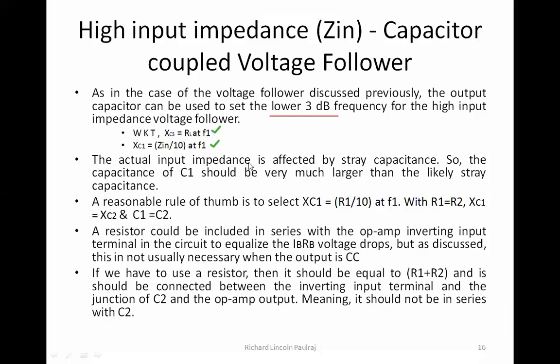The actual input impedance is affected by stray capacitance. Again, this stray capacitance really drags down the performance, as I mentioned previously. Even if we do not want it, it is going to stay there. There are ways in which we can minimize it, but there are no ways in which we can nullify it, which means we have to just live with it.